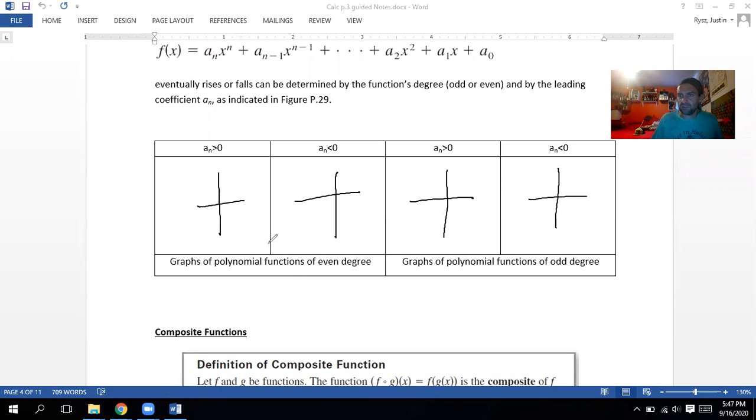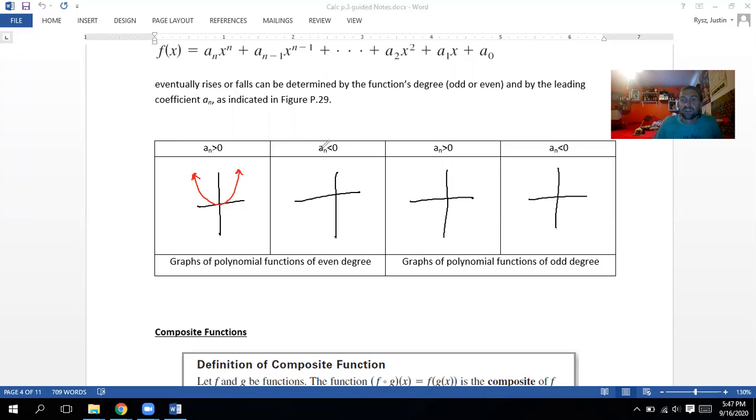Okay, so let's think. We're going to think about even degree. So this would be like an x squared, x to the 6th, x to anything. Okay, what's going to happen here? If we have a sub n that is greater than 0, so that'd be a positive number, 4, 5, 6, those are all greater than 0, how would this graph look? Well, that graph would start up high, like 3x squared would start up high and end up high. So if we have an even degree, they start up high, end up high.